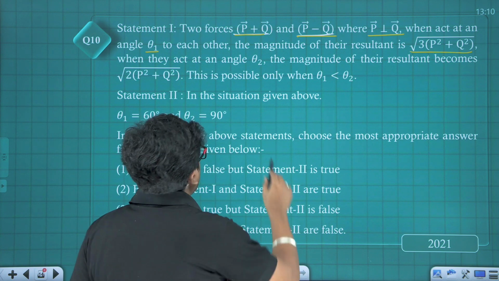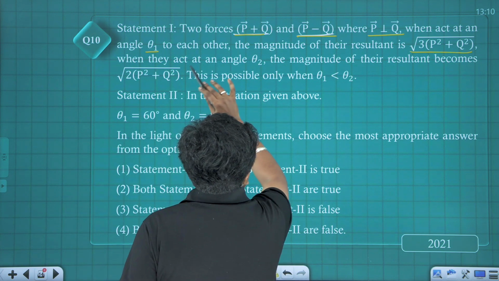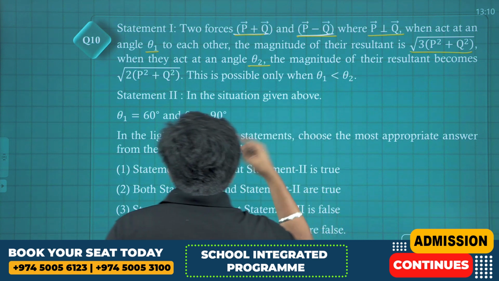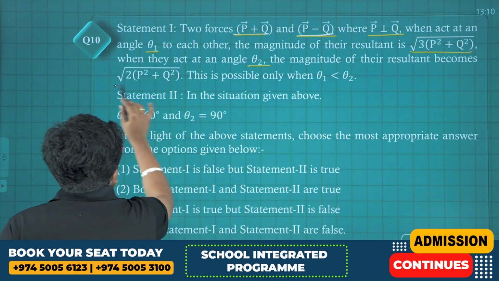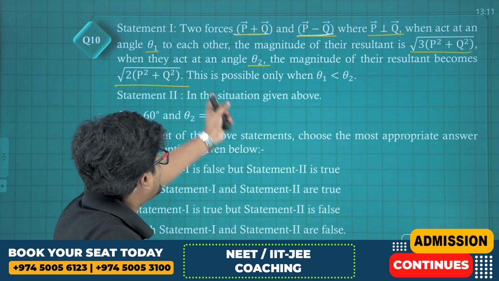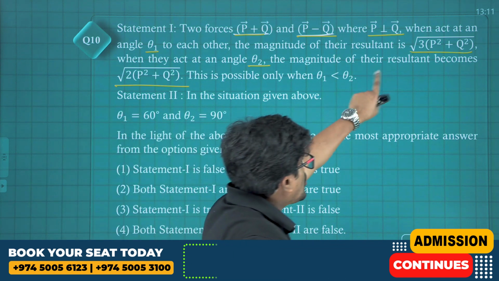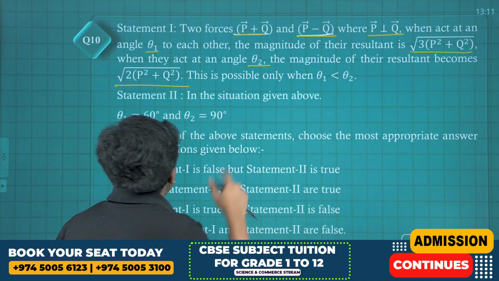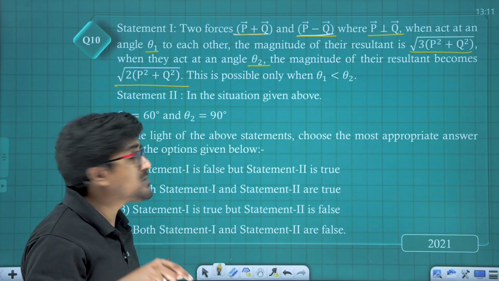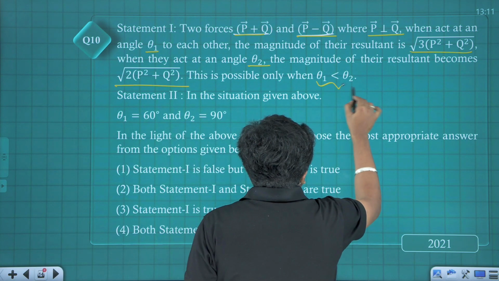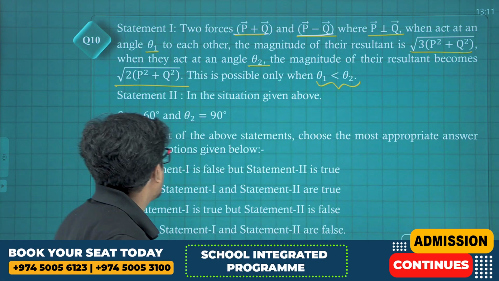When they act at an angle of theta 2, the magnitude of the resultant becomes root of 2 times P square plus Q square. At theta 1 it is root of 3 times P square plus Q square, and at theta 2 it is root of 2 times P square plus Q square. This is possible only when theta 1 is less than theta 2.